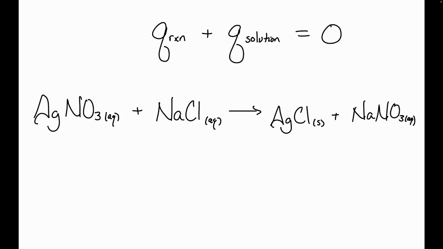All right, we're going to look up the delta H of this reaction, but the first thing that we need to do is convert it into its net ionic equation. All right, once we get our net ionic equation, we can look up our delta H values of this reaction.